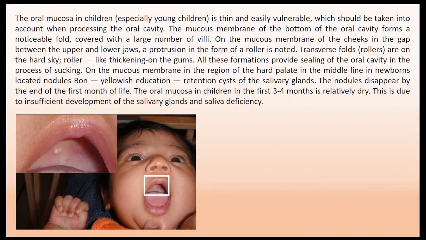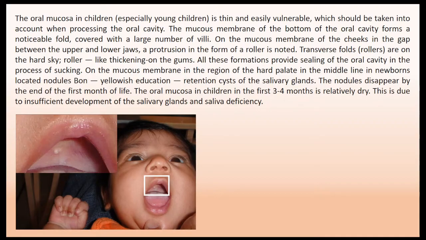The oral mucosa in children, especially young children, is thin and usually vulnerable, which should be taken into account when processing the oral cavity. The mucous membrane of the bottom of the oral cavity forms a noticeable fold, covered with a large number of villi.